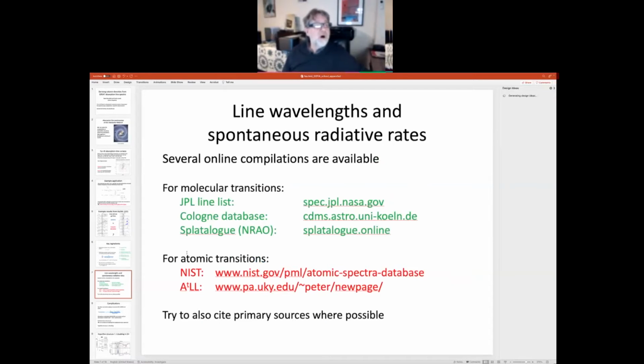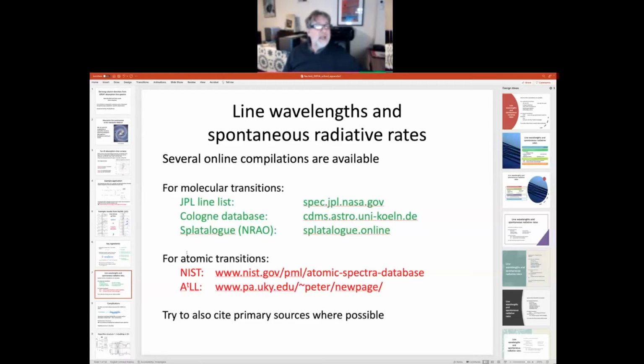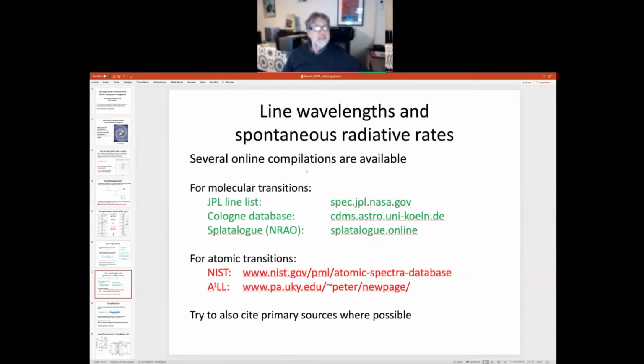Just one note on where one can find line wavelengths and spontaneous radiative rates. I've listed a few sources here. There's the JPL line list, the Cologne database, and then a combined tool that accesses both of these for molecular transitions called Splatalogue, that is created by NRAO.